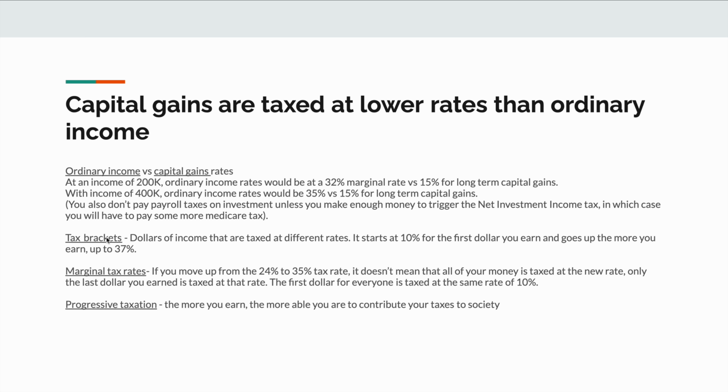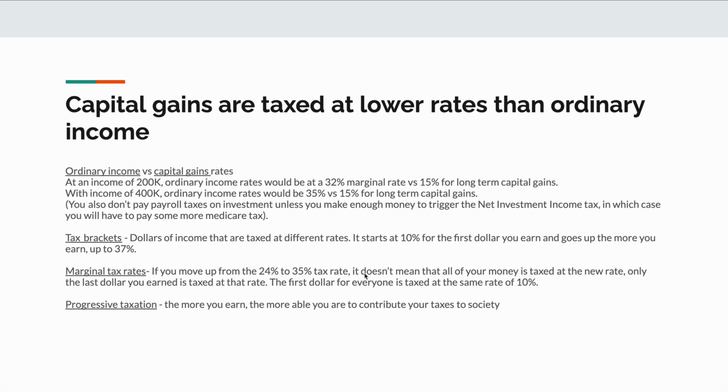With tax brackets, the dollars of your income are taxed at different rates. It starts at 10% and it can go up to 37%. If you move up from the quote unquote 24% to 35% tax rate, it doesn't mean that all of your money is taxed at the new rate.